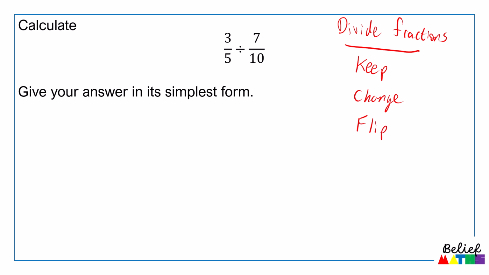Now, often people remember this, but what does that actually mean? So the keep means keep the first fraction the same. Okay. The change means change to multiply, and flip the second fraction.